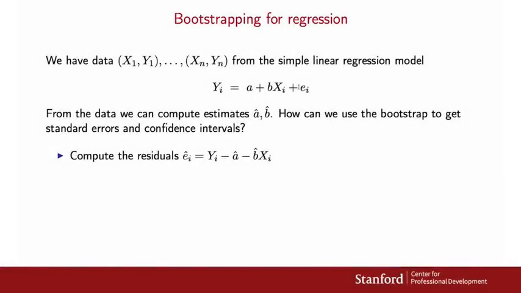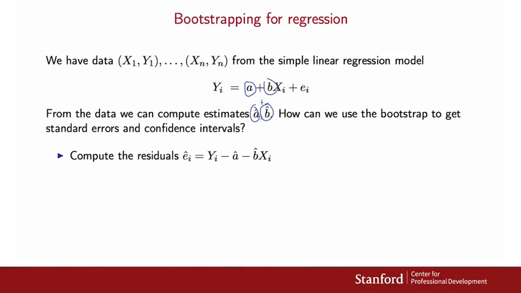Now let's look at bootstrapping in a more complicated situation. Let's look at the case where we have pairs of data and we look at a regression model. Remember, our regression model says that the y observation is a linear function of the x's plus a measurement error e. We already saw how we can use least squares to estimate the unknown parameters a and b, and that gives us least squares estimates a hat and b hat.